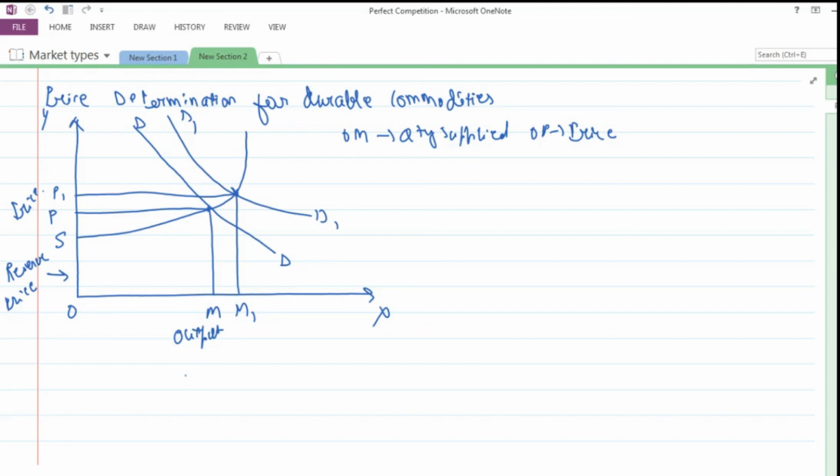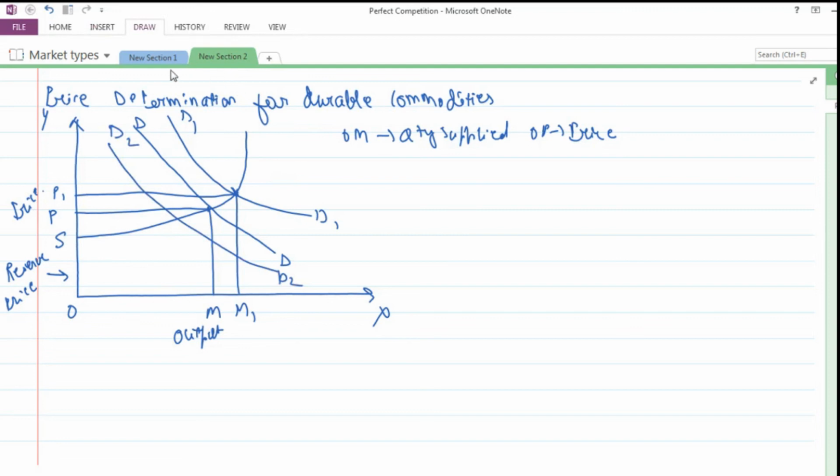So the supply becomes more, and when the supply increases, what happens is there will be a downward shift in the demand curve towards D2 D2. Okay, towards D2 D2 की तरफ फिर से demand curve नीचे आ जाता है.